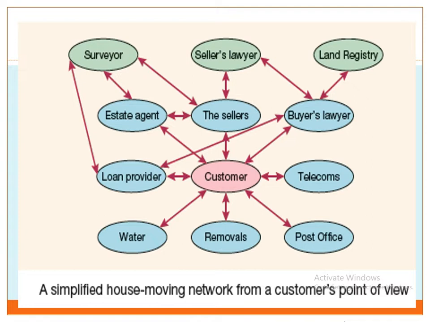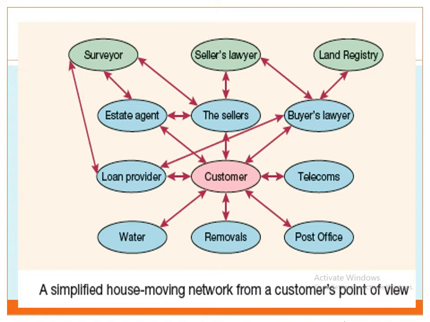which moves the customer's furniture on the right day, or maybe the post office which arranges the redirection of mail at the right time to the right new address. So this is the simplified house moving network from the supplier's point of view. That also may include the telecommunication company which transfers the old landline phone from the old house to the new house at the right time and provides the final bill.